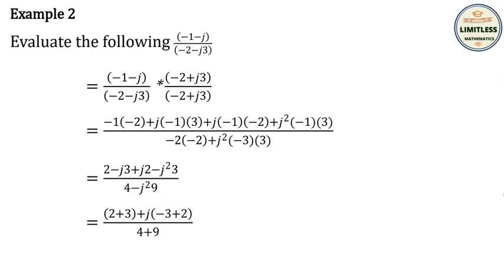Okay, then next is adding. What we notice is this one becomes nothing but again 3, because j square is -1 times negative is positive, so it's 3 plus 2, which is nothing but a 5 here.